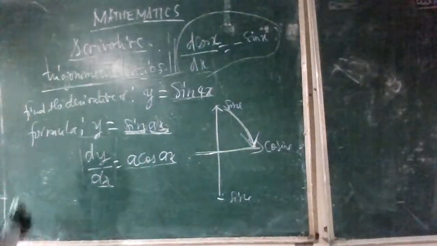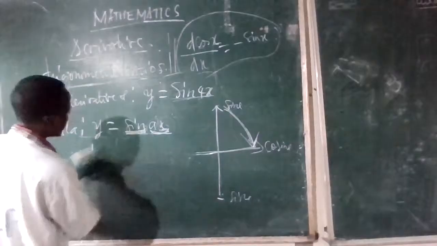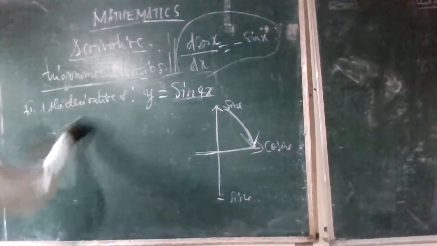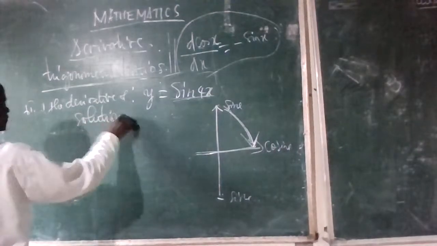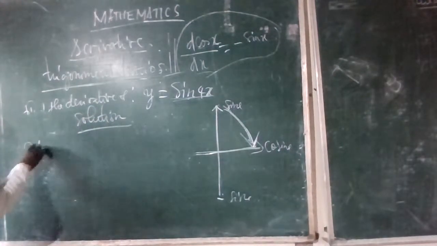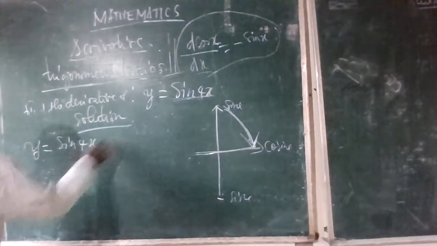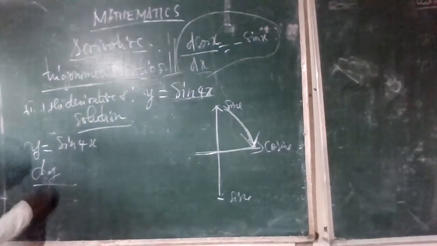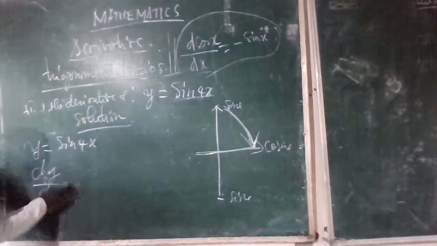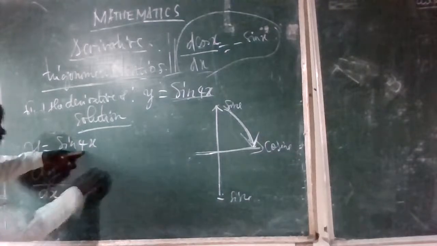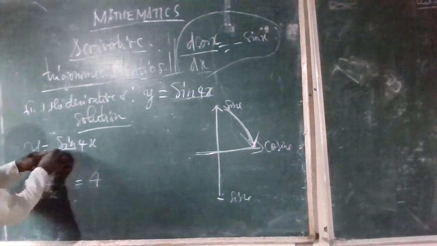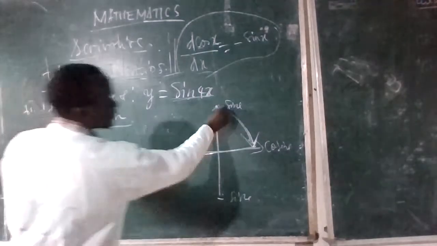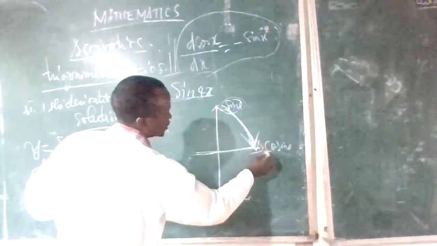Now let us apply our formula in our given question. We have as a solution y is equal to sine 4x. Now the derivative of our given function, dy over dx, will be, we have to remember this is a, then we take sine x, where the derivative of sine, you come down, and we are reaching at cosine.